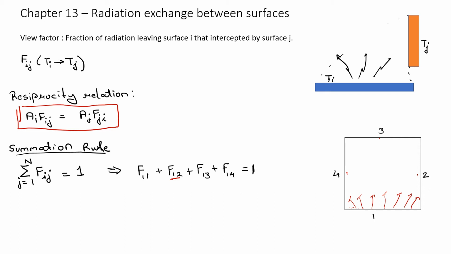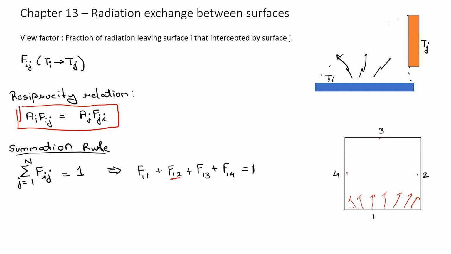So if you see, all the radiation that is emitted by surface 1 is either intercepted by 2, 3 or 4, and it does not leave this enclosure.